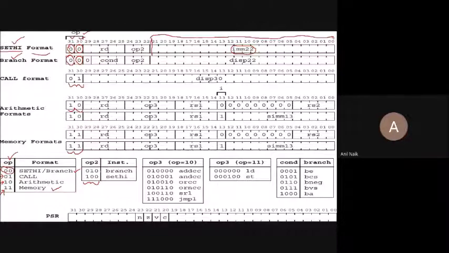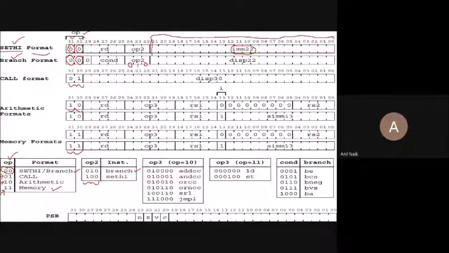Suppose it is a branch type of instruction, then what is the value? 0 1 0. So here it will come as 3 bits, 0 1 0, because set high and branch are the same at the OP level. 0 0 indicates set high or branch.